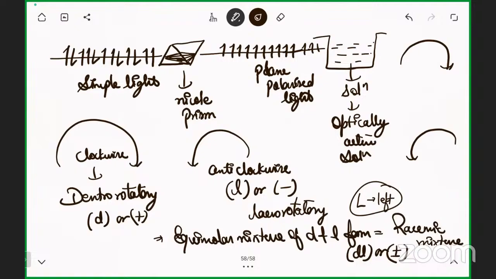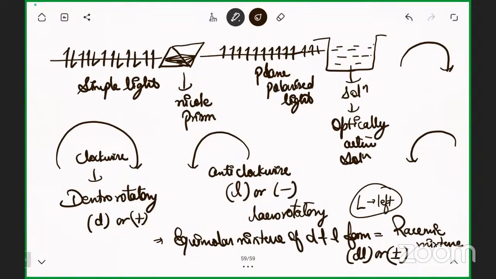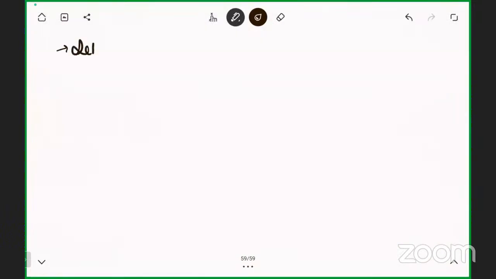And the process of separating the DL form is known as resolution.